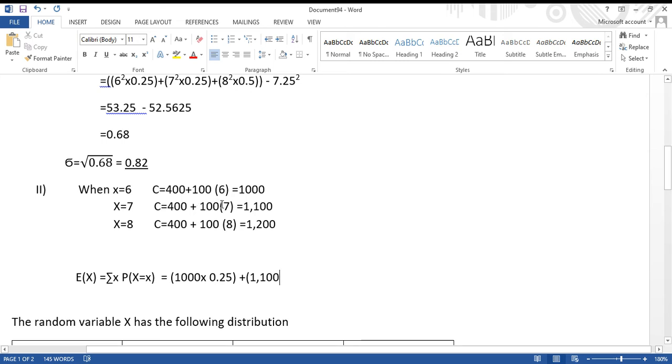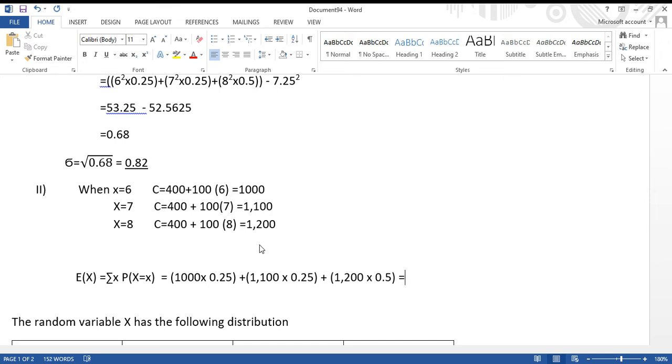The probability attached to 7 was also 0.25, so 1100 times 0.25, plus 1200 times 0.5.